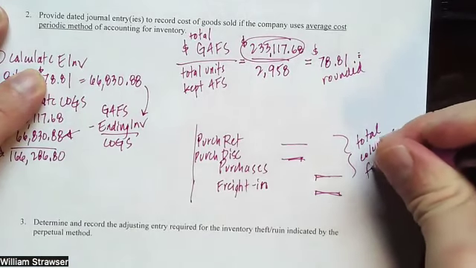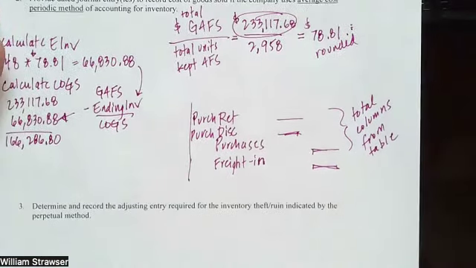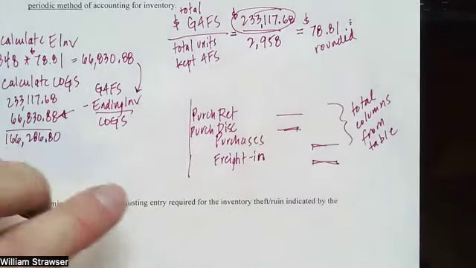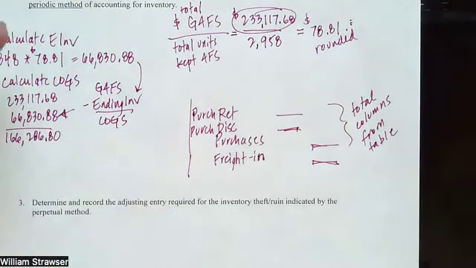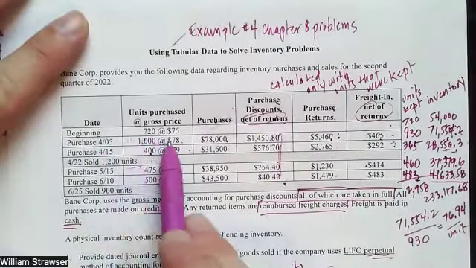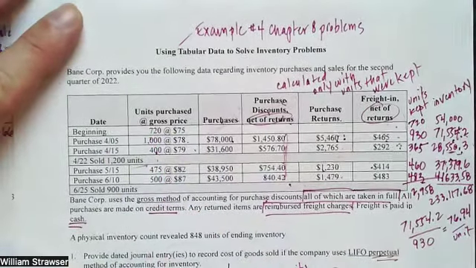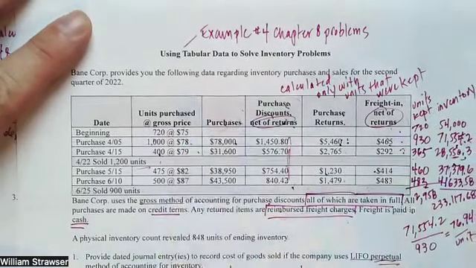Remember that after we're done, we're going to have all four of these closed. They're going to be zero. Cost of goods sold will be a number, but it gets closed in our official closing entries at the end of the period, that step from the accounting cycle. Then the only thing we're going to have left is ending inventory, which will be next period's beginning inventory.